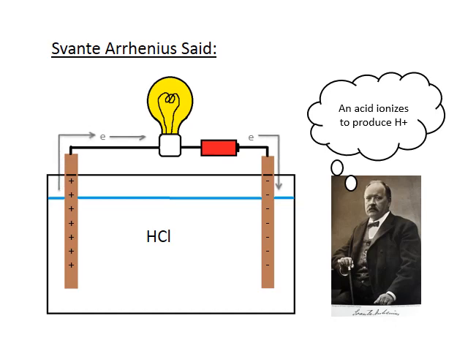So one of the initial theories of acids and bases was that acids produce hydrogen ion, and that bases produce hydroxide ion by direct ionization. And you might have noticed that the base we used, sodium hydroxide, ended with OH. So if you see a formula that ends in OH, it's very likely a base. And if it starts with an H, it's most likely an acid.